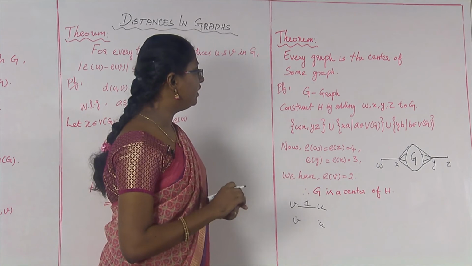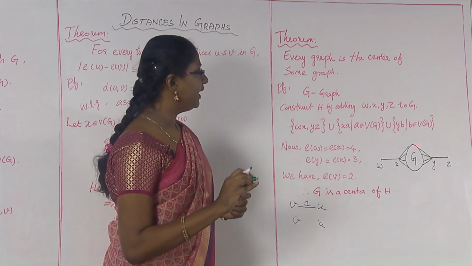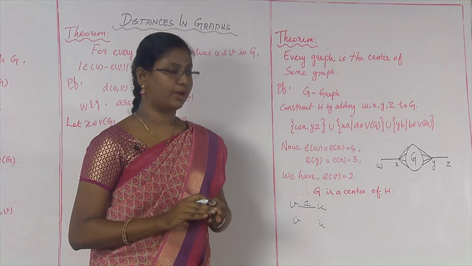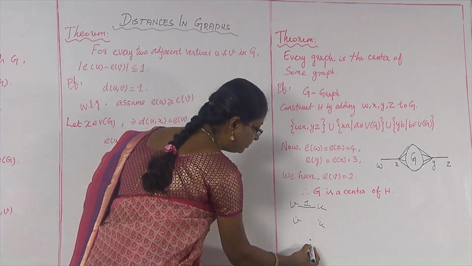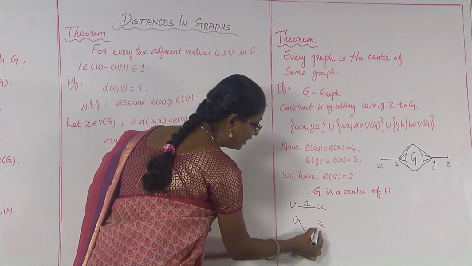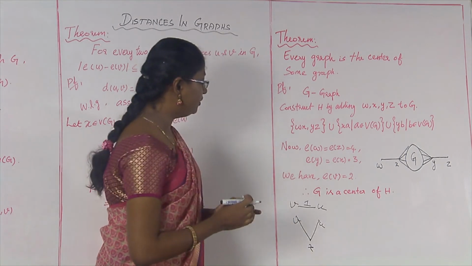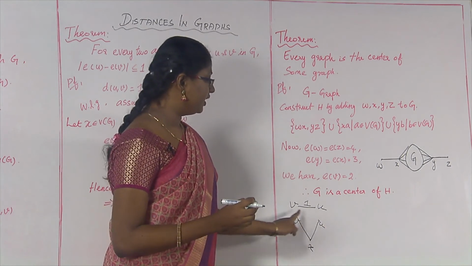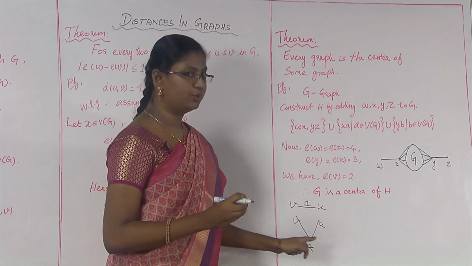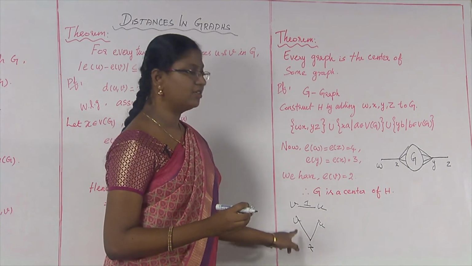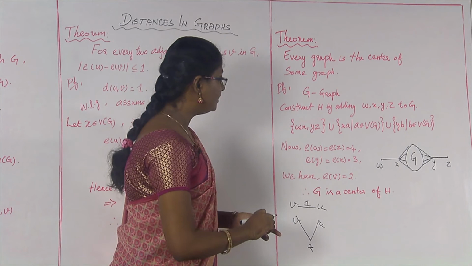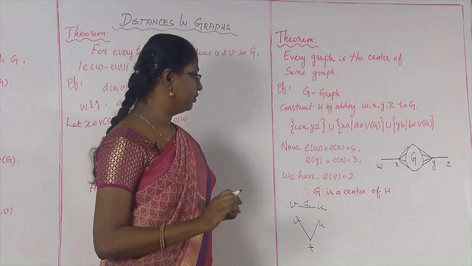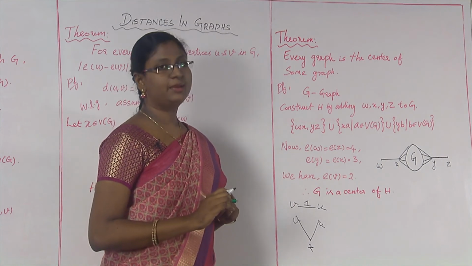Here I made every vertex adjacent with x as well as with y. So, there will be x that is adjacent with v as well as with u. So, I can go to u by using the path v to x, x to u. Here the distance is 2 and the eccentricity of the vertex is also 2. You can see from this diagram also. So, the eccentricity of every vertex in V of G is equal to 2 and that is the minimum eccentricity.